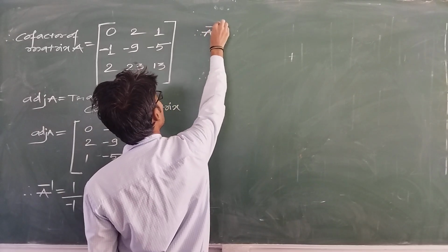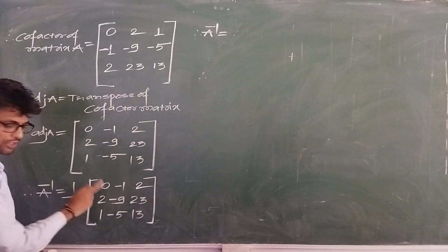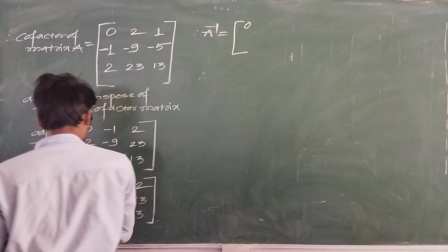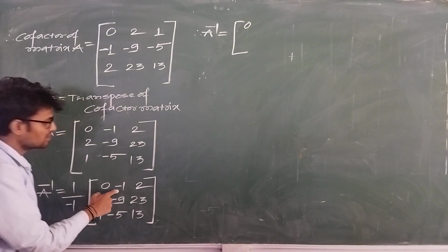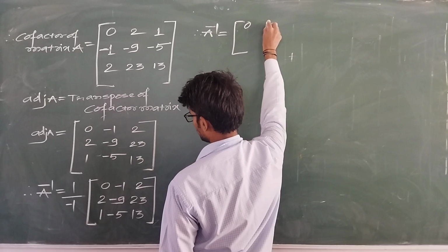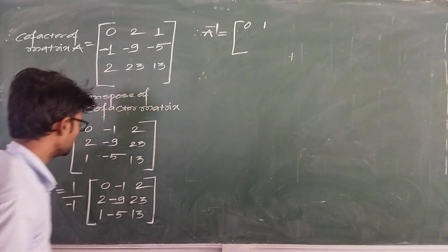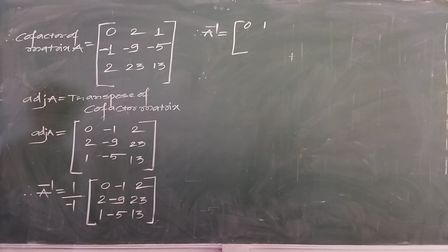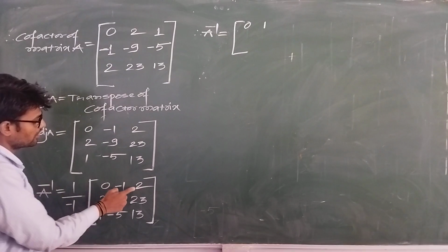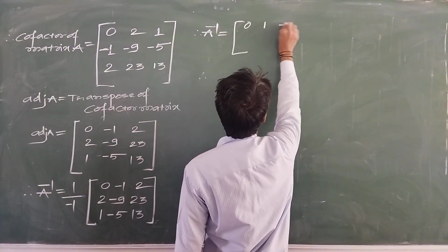A inverse is equal to, see, 1 by minus 1 into 0 is 0. Next, minus 1 into minus 1 is plus 1. Next, minus 1 into 2 is minus 2.